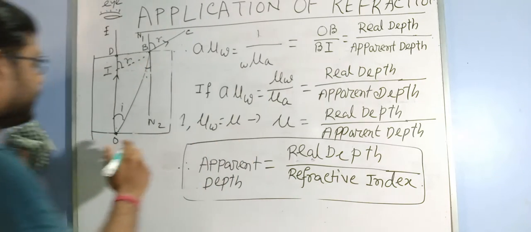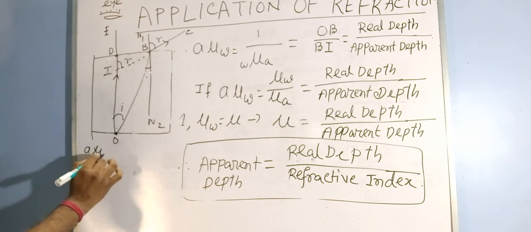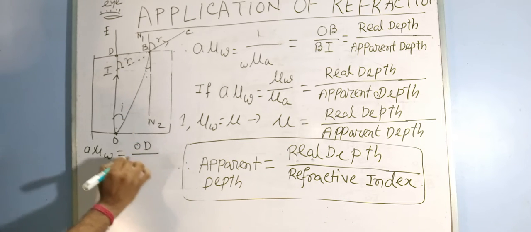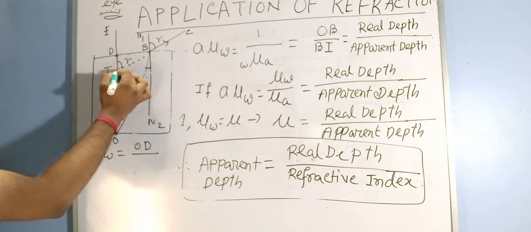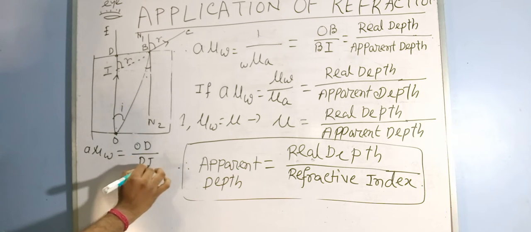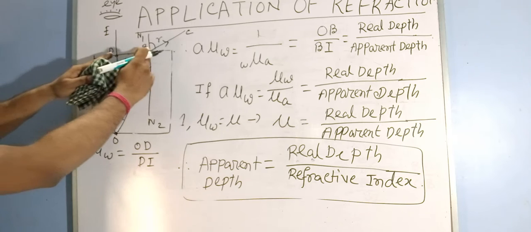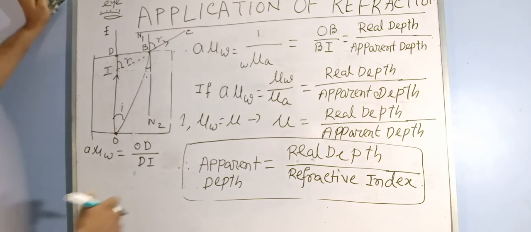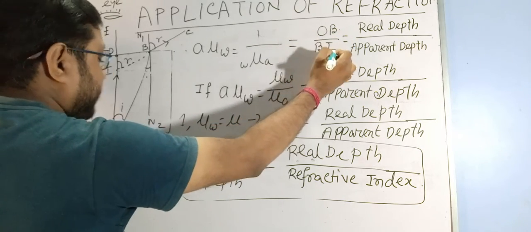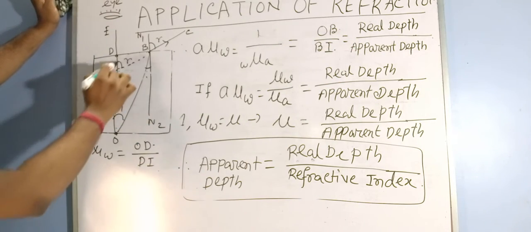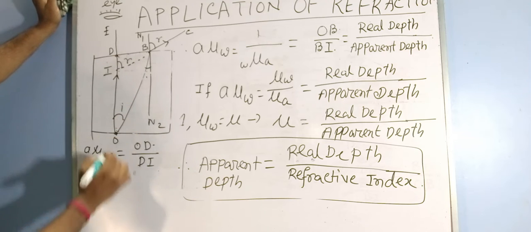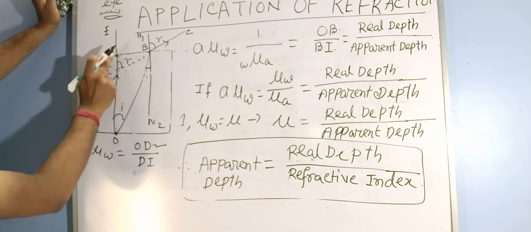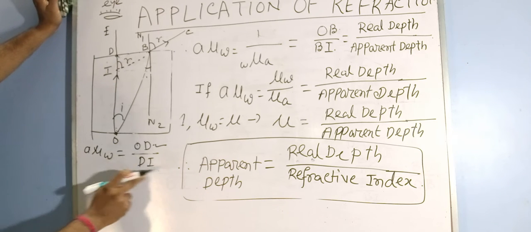So A mu W equal to OD by DI. OD is the real depth, and DI is the apparent depth.